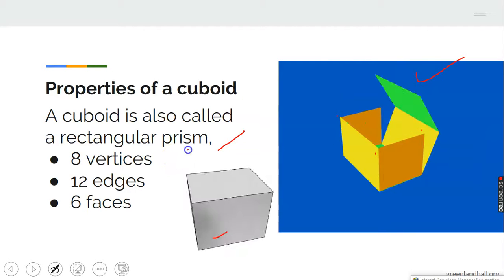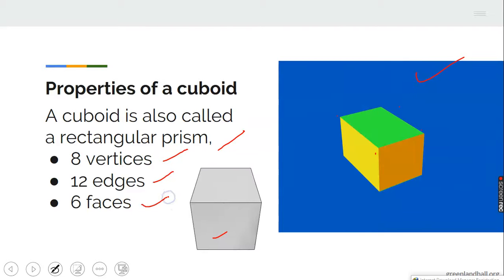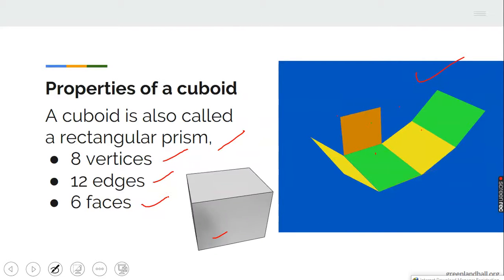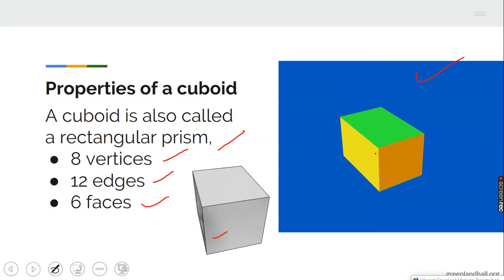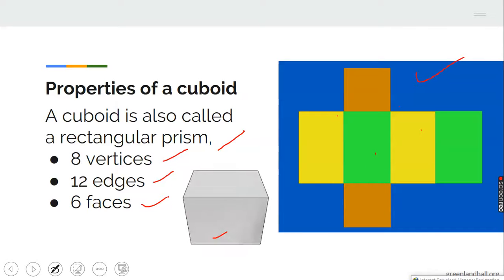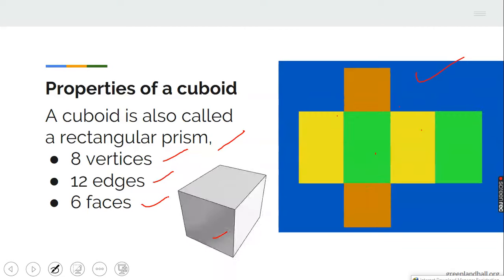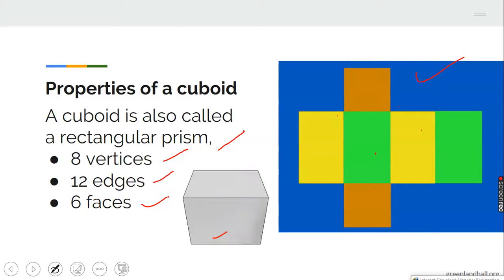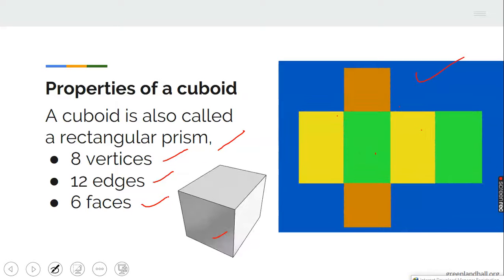You can count them. Just look at it. Look for a box, your candy box, the carton of things you have in the house. Even the carton of medicine you have, carton of blood tonic. Check them. You will see that you can count them. You will have 8 vertices, 12 edges, 6 faces.